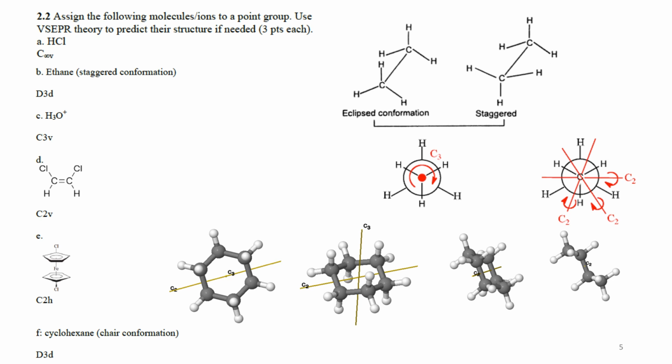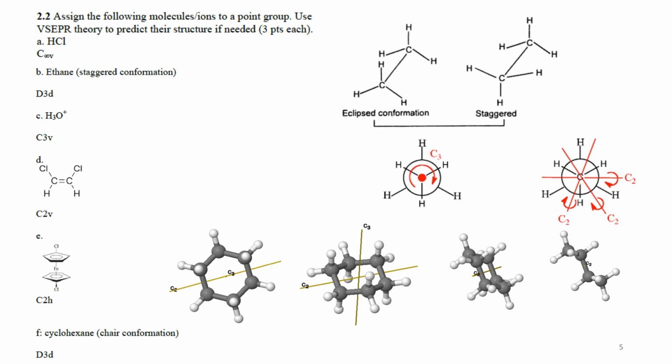There's eclipsed, where two sets of hydrogen atoms are exactly on top of each other. And there's a staggered conformation where one CH3 is rotated exactly 60 degrees from the eclipsed conformation.